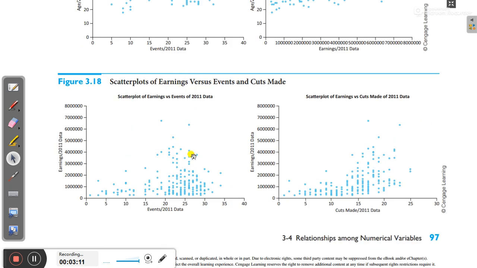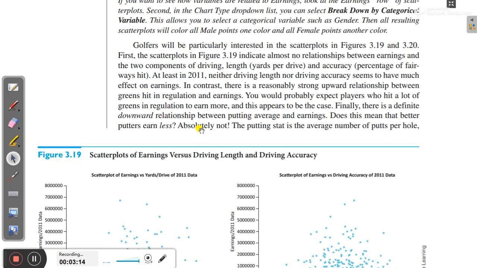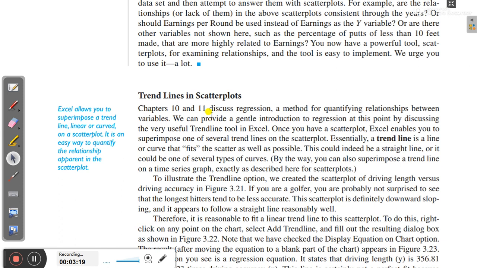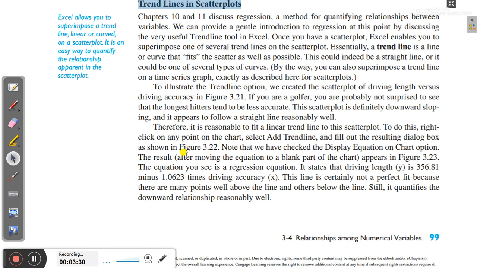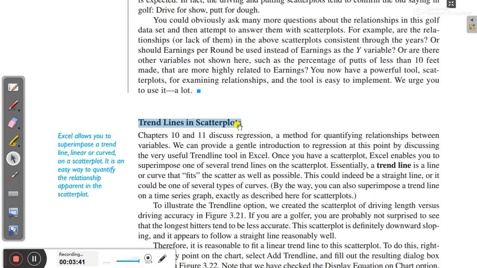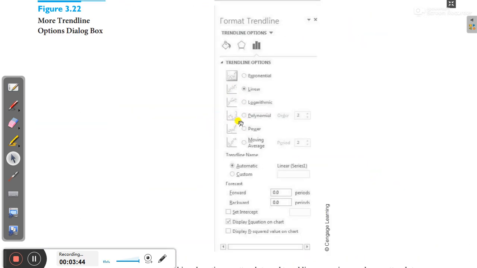Now in the scatter plot you can put a trend line, or you can say a fitting line. We can use the trend line concept in a scatter plot. You might find the same thing in Excel also. Suppose this is the data, you have to fit a line with this data, a straight line. You can choose curved lines also. Here you can see it might be an exponential line, a linear line, or a logarithmic line.